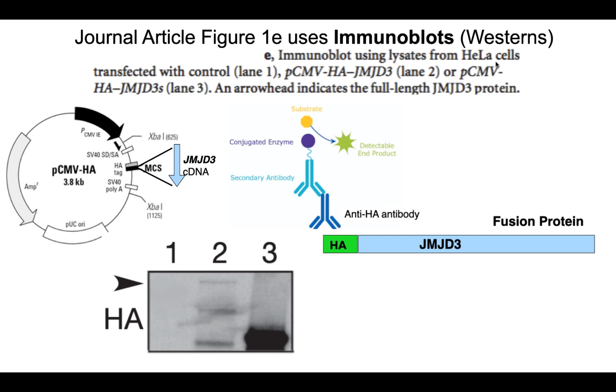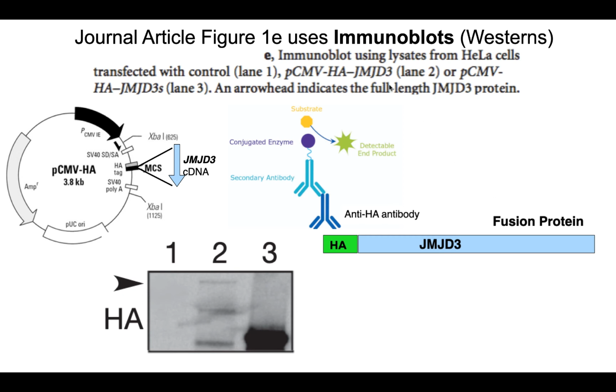So the researchers transfected this expression vector into HeLa cells, forcing those HeLa cells to make all sorts of proteins, right? These HeLa cells are just living cells. So they're making lots and lots of proteins, but now they're also making this fusion protein here. And the researchers want to prove to you, the reader, that yes, indeed, these HeLa cells are making our fusion protein.